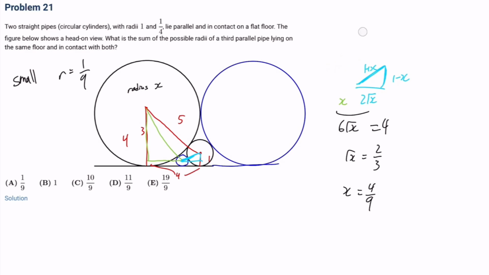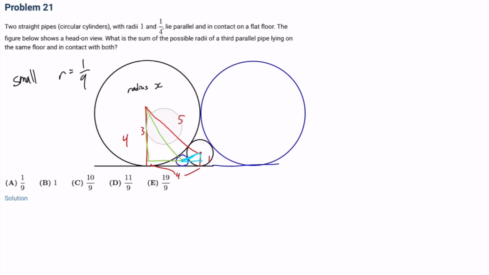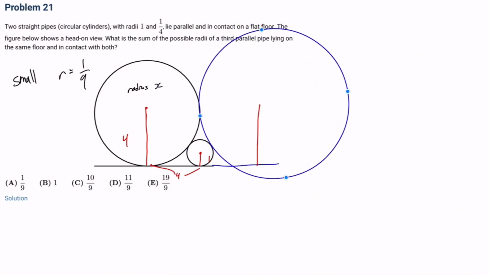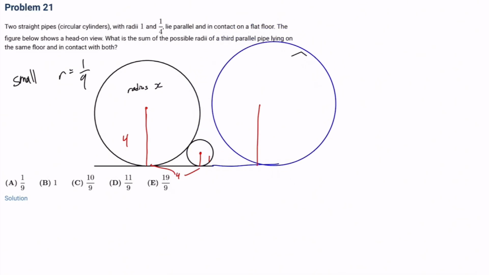And let's do the same thing for the big one too. We can keep thinking of it as 4 and 1, because we'll just be doing that again. But then this time, let's say that this one is a little bigger than the others, right?